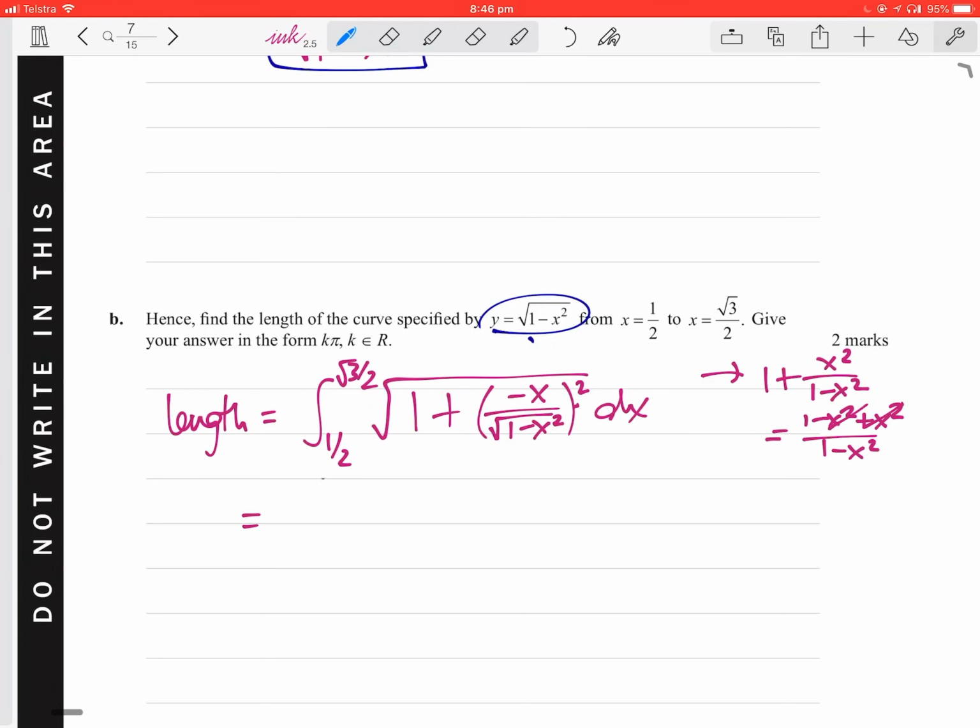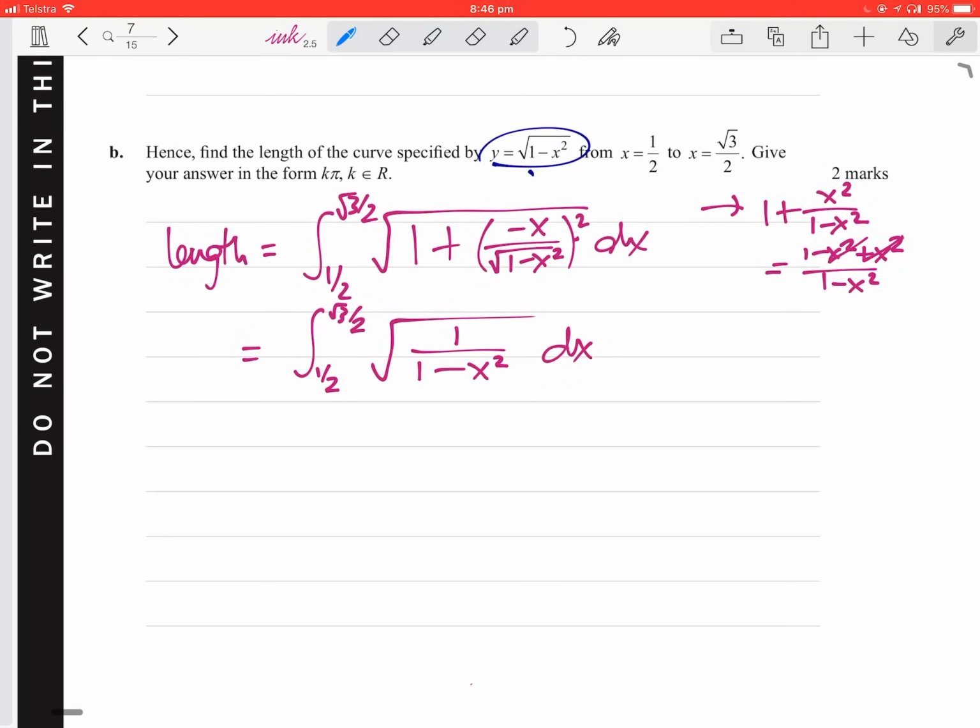So we can say this is equal to 1/2 root 3 on 2 square root of 1 on 1 minus x squared dx. Now that doesn't look that great until you square root the 1 and it's just a 1. So go 1/2 root 3 on 2, 1 on 1 minus x squared dx.